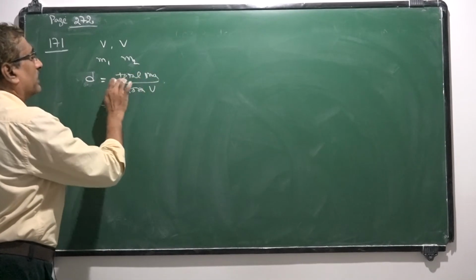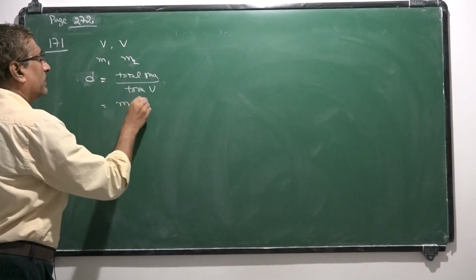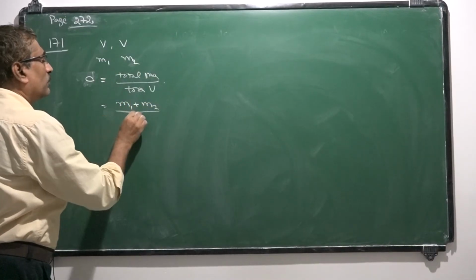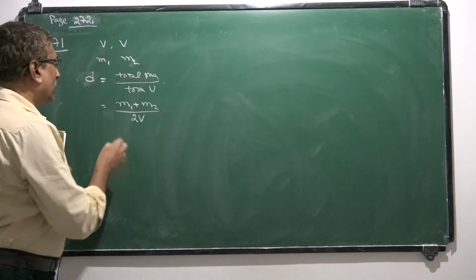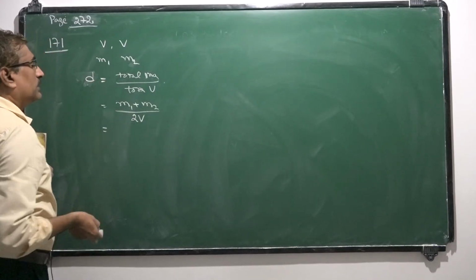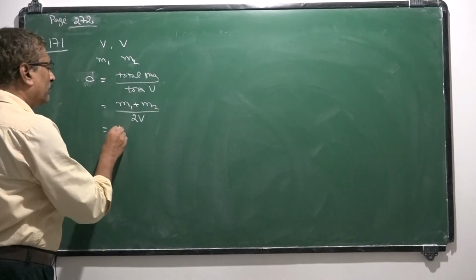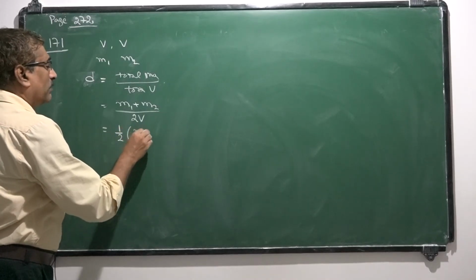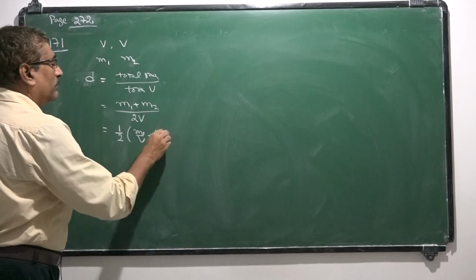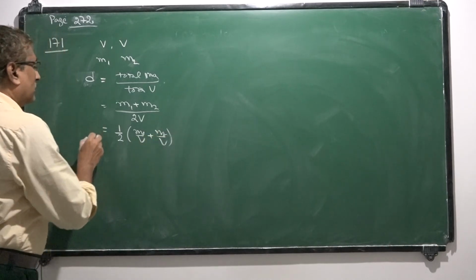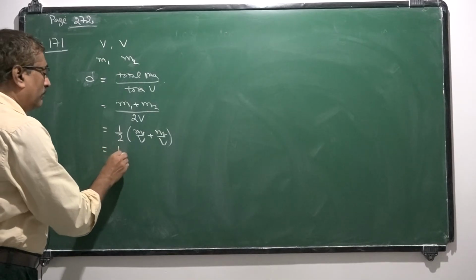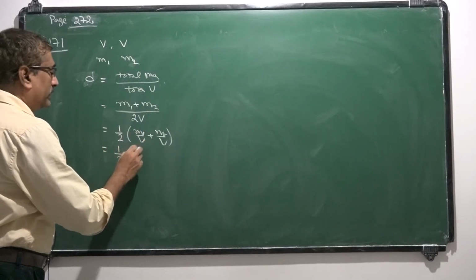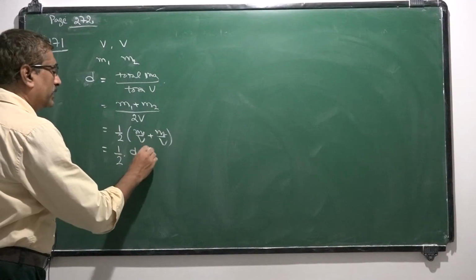So that is (M1 plus M2) by 2V. So this is 1 by 2 into (M1 by V plus M2 by V). So the density of this mixture equals 1 by 2 into (d1 plus d2), where M1 by V is the density of the first one and M2 by V is the density of the second one.